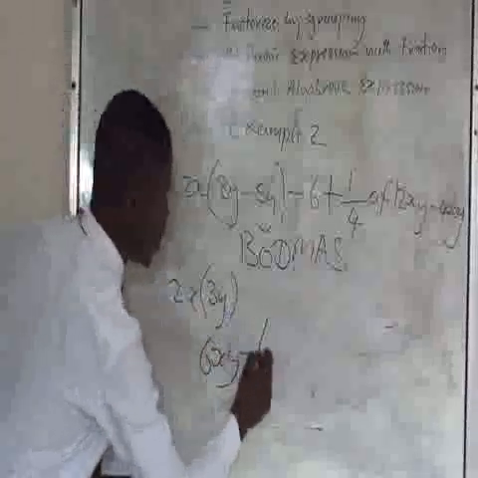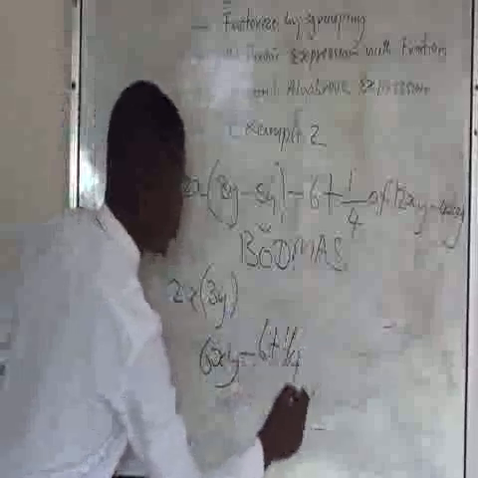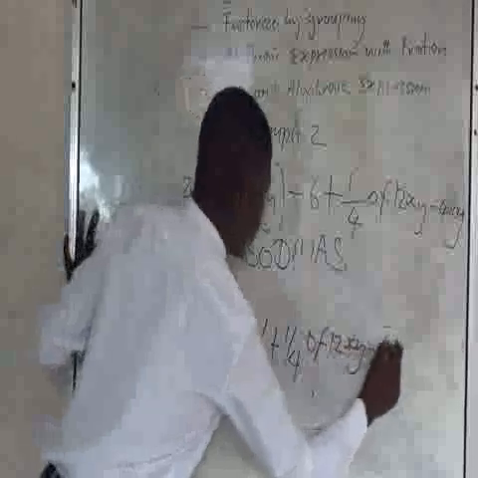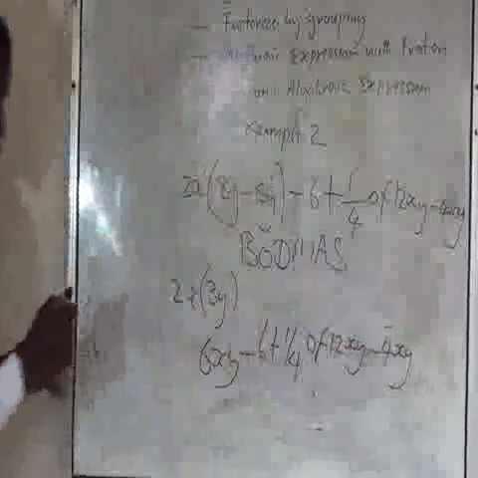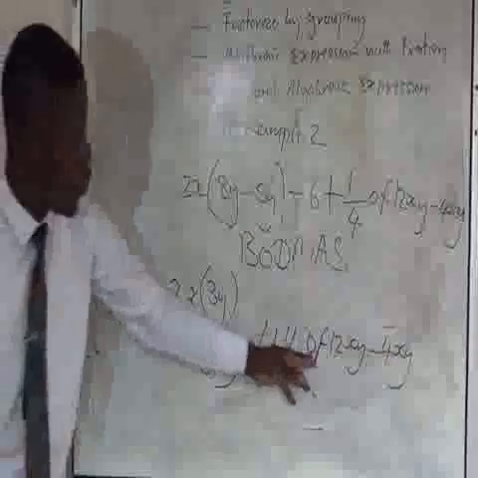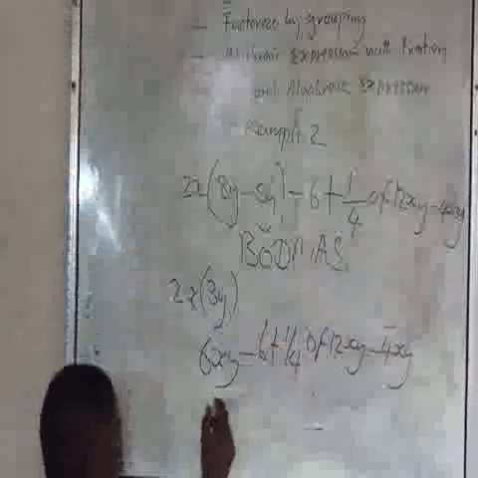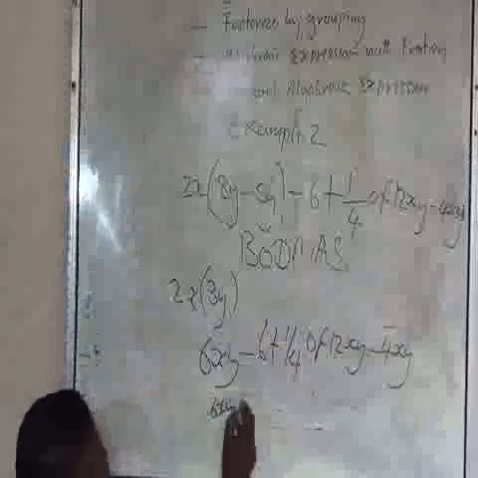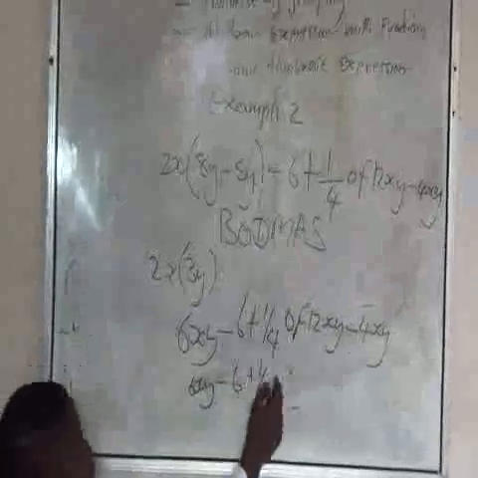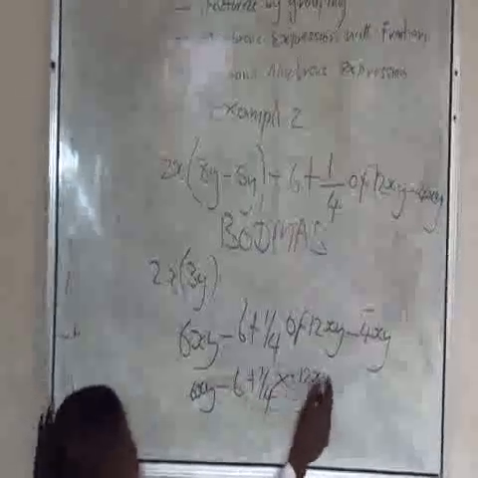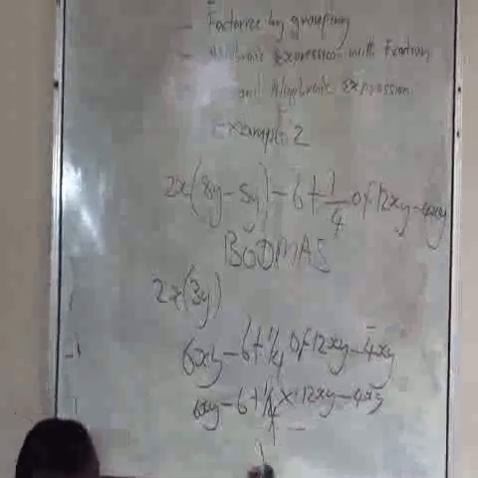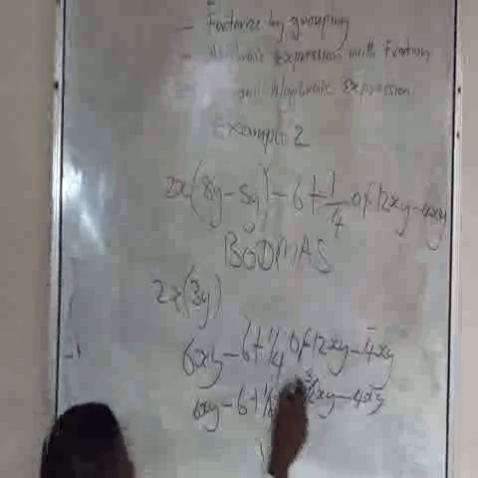Divided by 6 plus 1 over 4 of 12xy minus 4xy. Next we are going to check is "of". So we have "of" here. I have 6xy divided by 6 plus 1 over 4 of, which will turn to times, 12xy minus 4xy. 4 divides itself to give me 1. 4 divides here to give me 3.